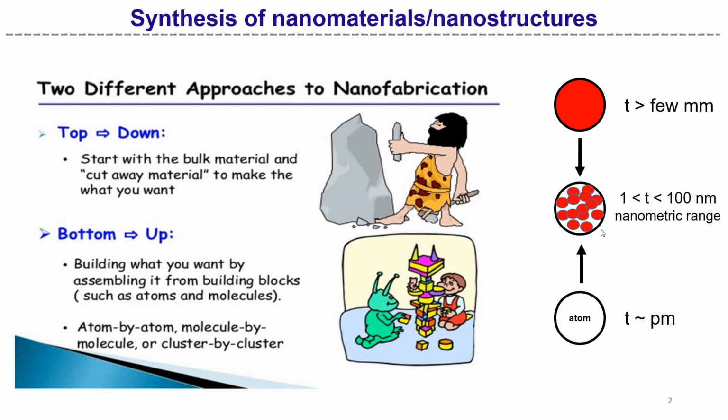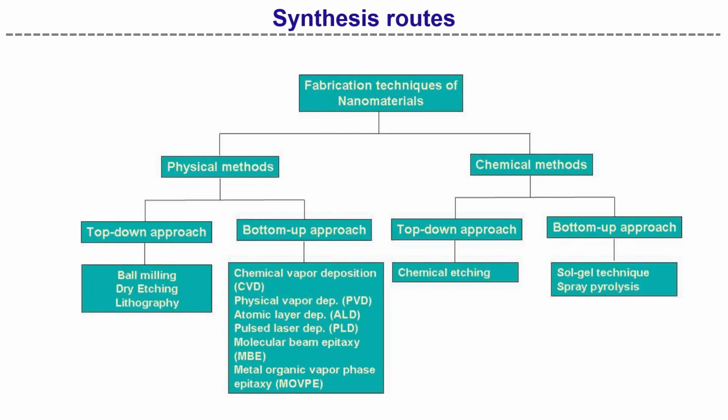So simply, to create a nanostructure, we have a collection of atoms or molecules. Here in this image, you can see that these two people are assembling small pieces and creating bigger objects. So in the top-down approach, we break the bulk material into smaller parts. In the bottom-up approach, we assemble the smaller parts to make a nanometric or nanoscopic material. These are the two approaches people normally follow to develop nanomaterials.